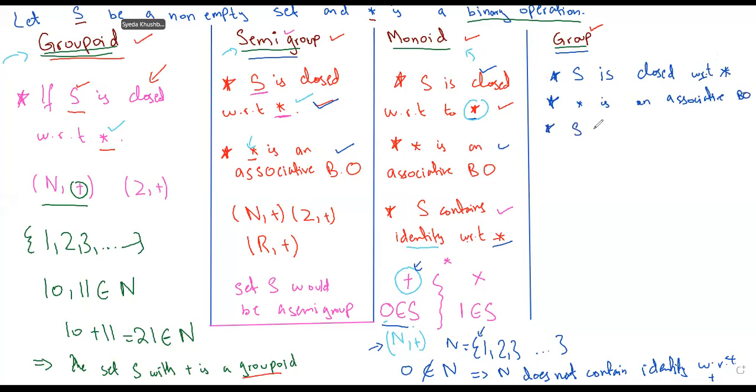Third thing, S contains identity with respect to star. So far I've not listed all the properties which we need for a group, but so far what can set S be called exactly? Is it a monoid, semi-group, groupoid? What exactly is this? Yes.